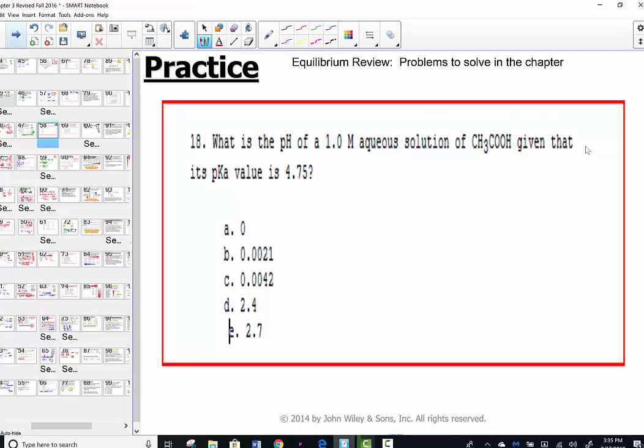If you have a 1 molar aqueous solution of ethanoic acid, there's the acid, given that its pKa value is 4.75, we need to calculate the pH. There are several review problems of equilibrium expressions that we were taught in Chem 107.